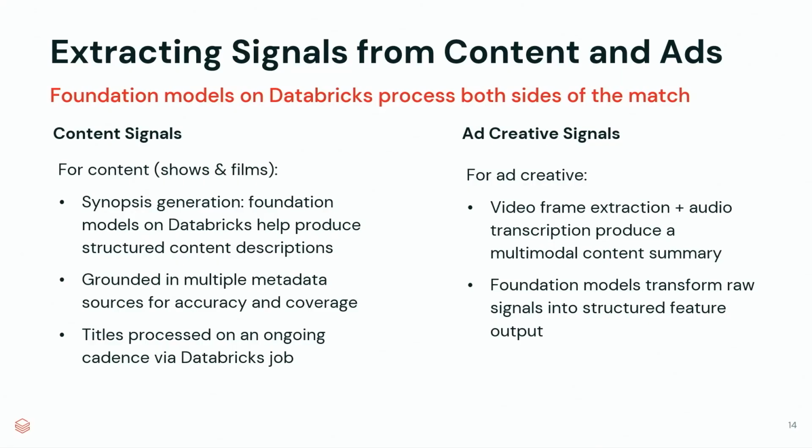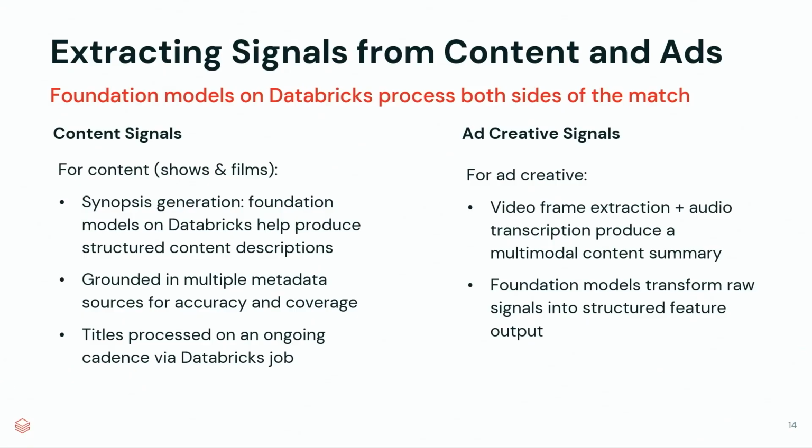In terms of the signals that we're using here, for content, we use a multi-source approach that includes first and third-party synopsis sources. Those all get fed into a prompt and a foundation model that's been tested and chosen to produce a structured synopsis that's optimized for tagging, not just a description of the show.